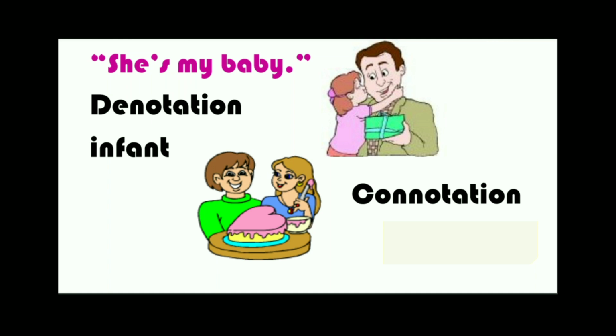What about the connotative meaning of the word baby? It could be girlfriend. So when we say connotative, this is the figurative or emotional meaning of the word. Let's have more of this as we go on with the different learning tasks we have in this lesson.